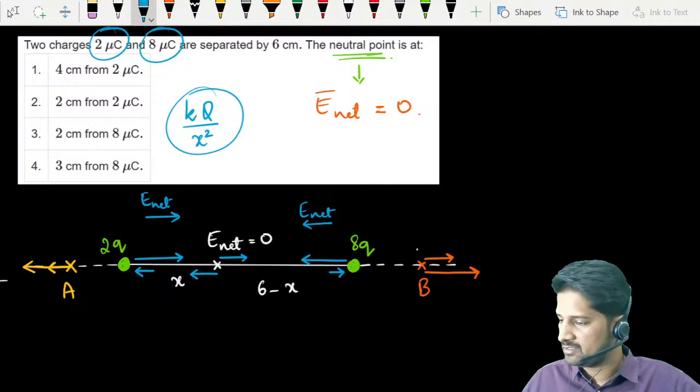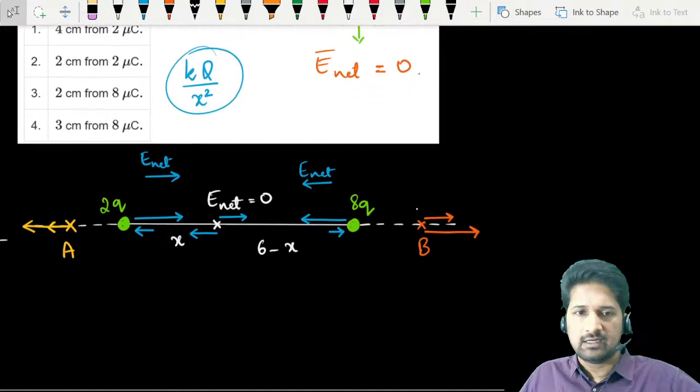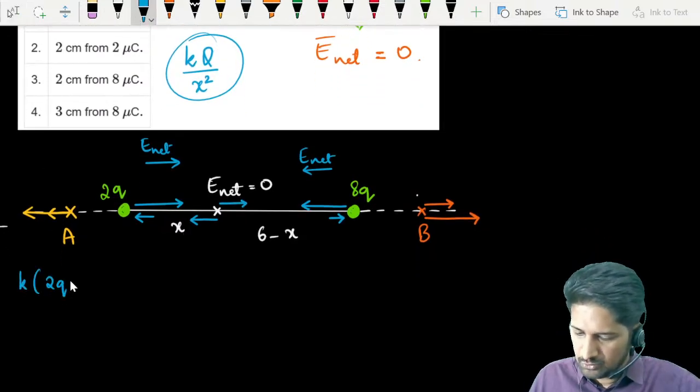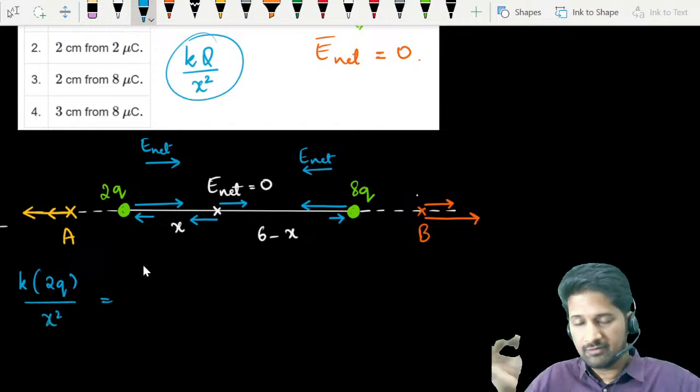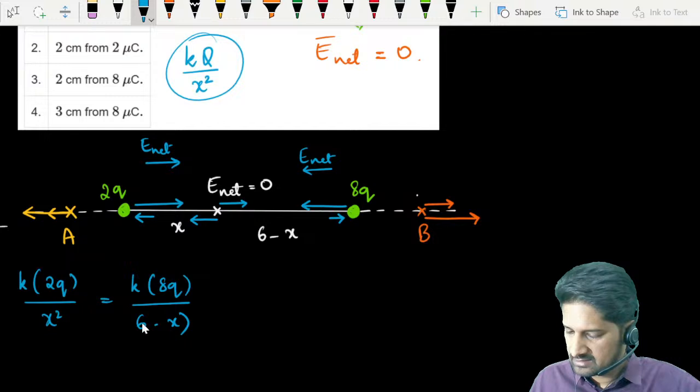Let us equate the magnitudes now. So k multiplied with 2q divided by x square should be equal to the field produced by the other charge, k multiplied with 8q divided by (6 minus x) whole square.